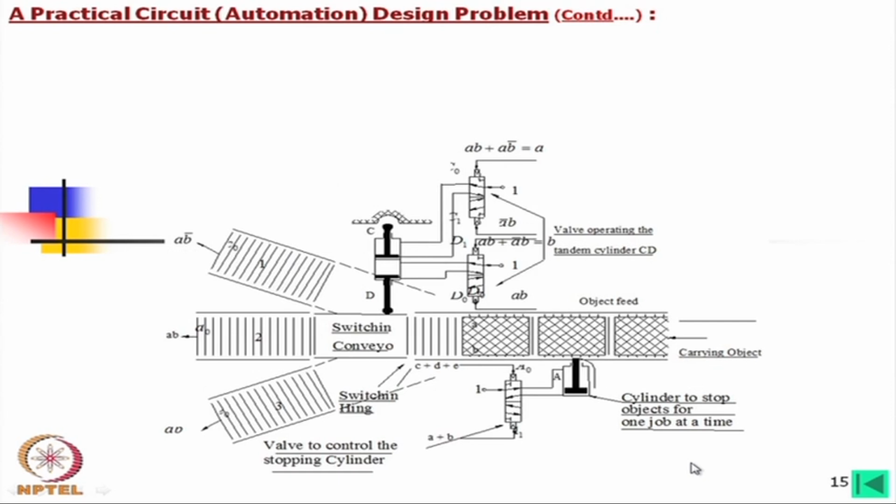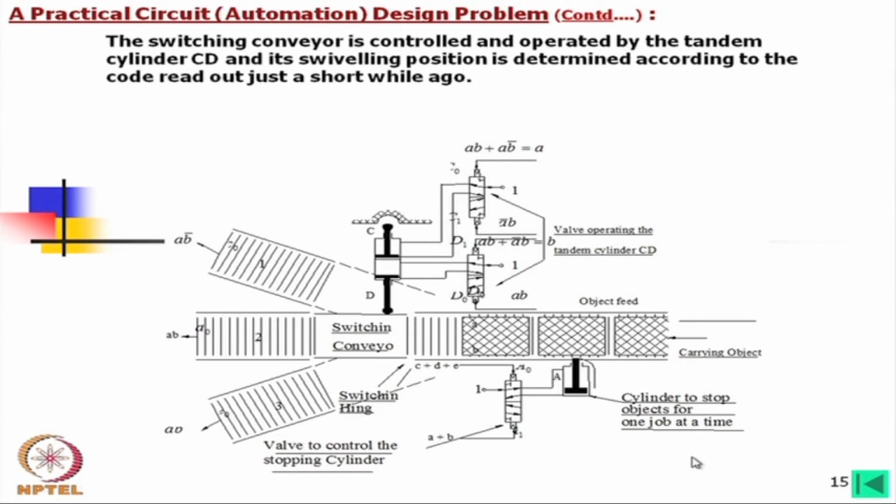Now, next we consider the switching conveyor is controlled and operated by the tandem cylinder CD. This cylinder is called tandem, and its swiveling position is determined according to the code read out just a short while ago. That means, a code is read here.